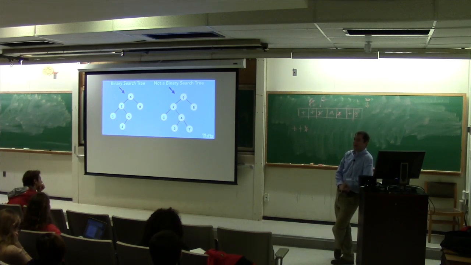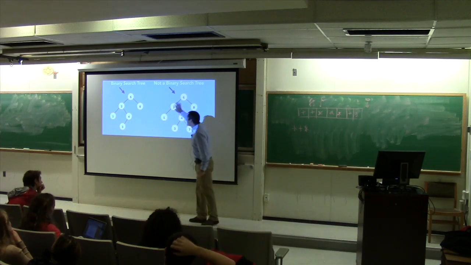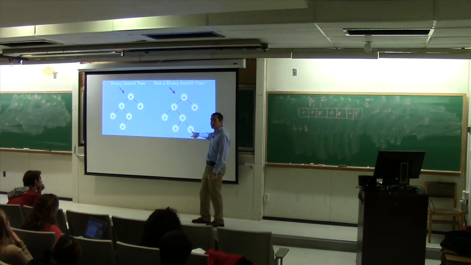The tree on the right is not a binary search tree. Why? Seven. Yes, I heard it a bunch of times, right? 7 is incorrectly placed. Why? Because it's greater than 6, but it is in the left part of the tree of 6. So this is not a binary search tree anymore.